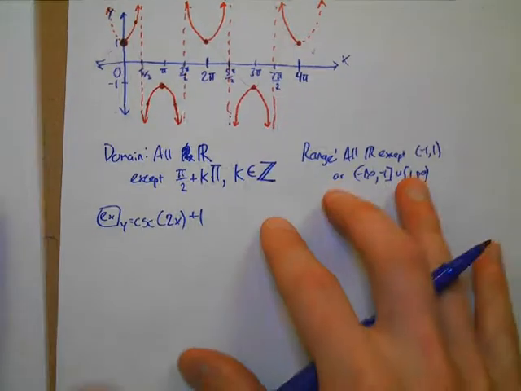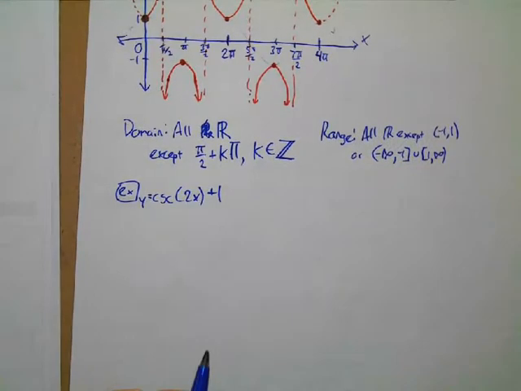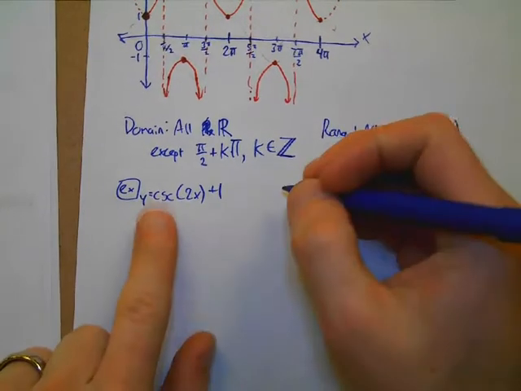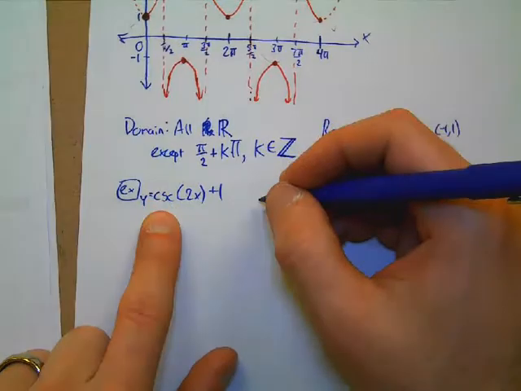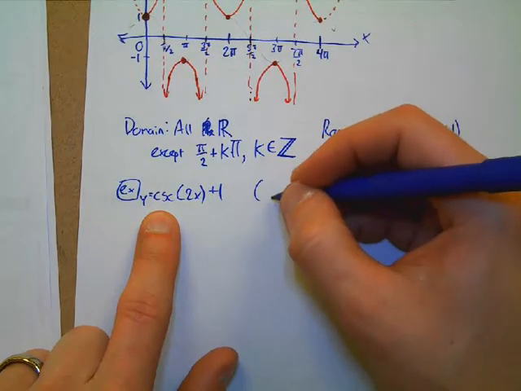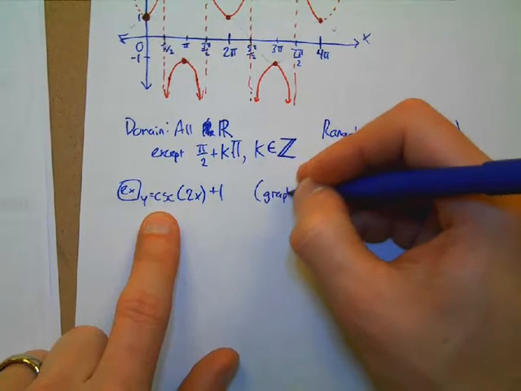Cosecant is 1 over what? Sine. So we're going to use y equals the sine of 2x plus 1, and then graph this from it.